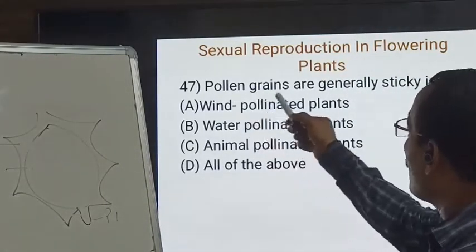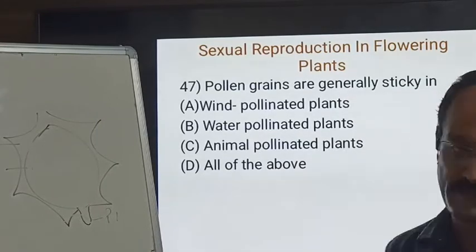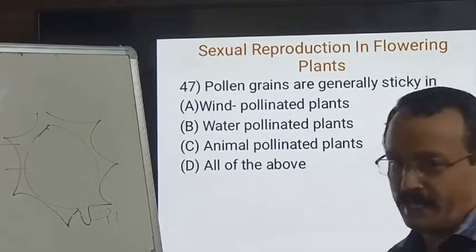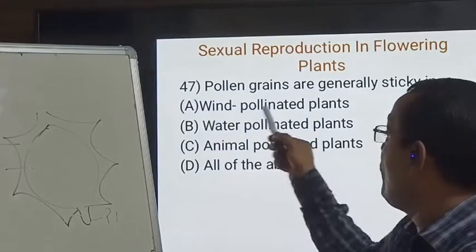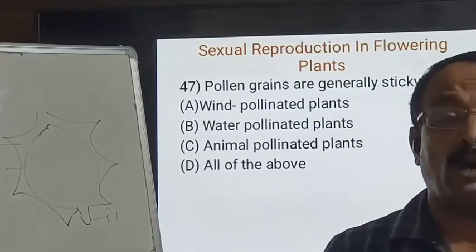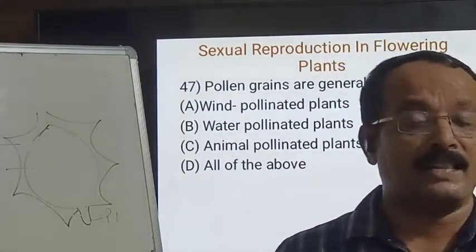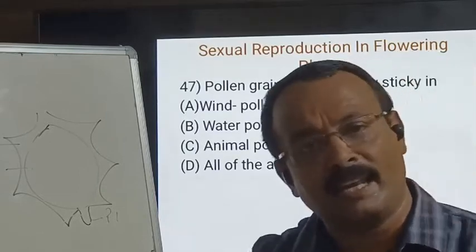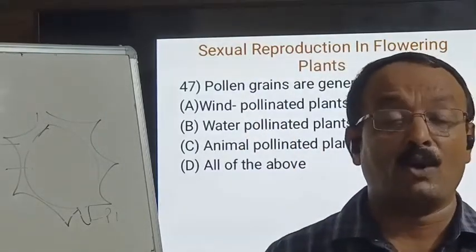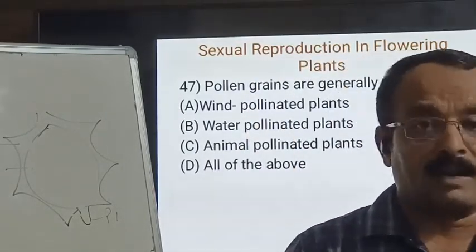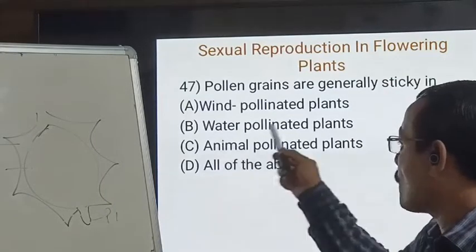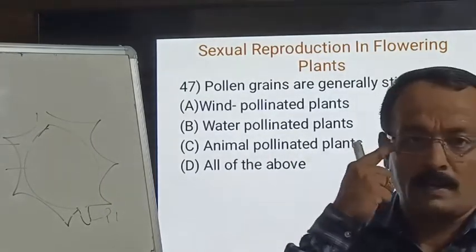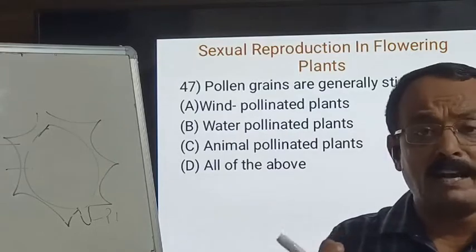Next question. Pollen grains are generally sticky. See, we have studied that in wind pollinated plants, the pollen grains are very light in weight and they are not sticky. So they are easily carried by the wind without sticking to any surfaces. In water pollinated plants, pollen grains are very light.